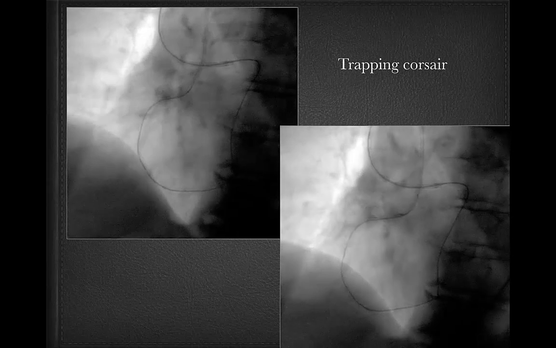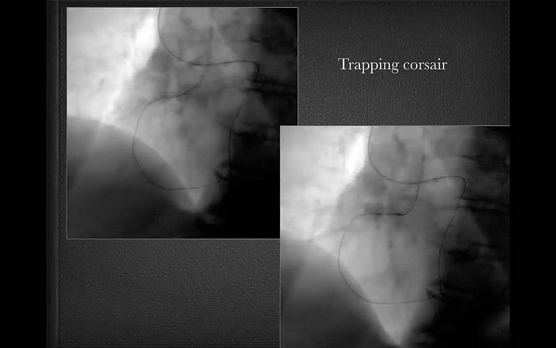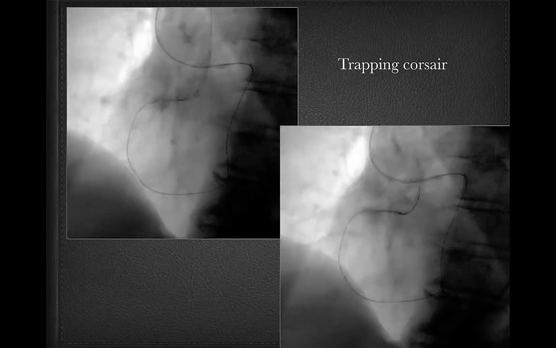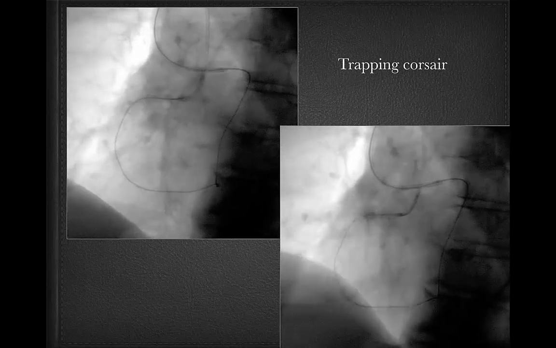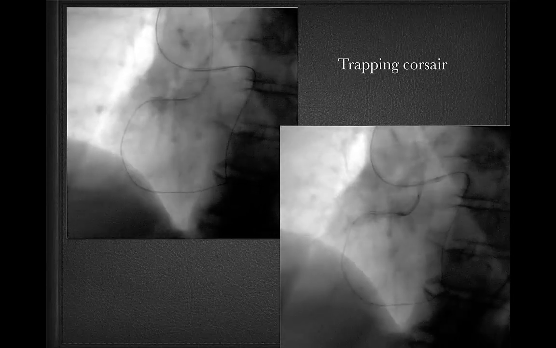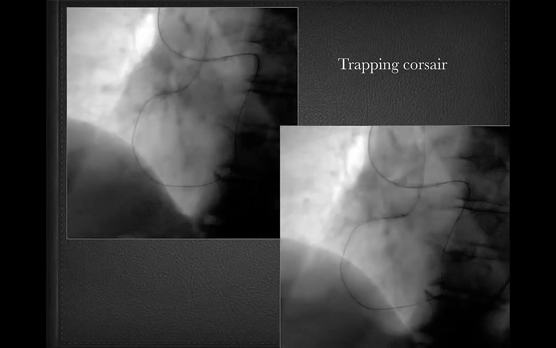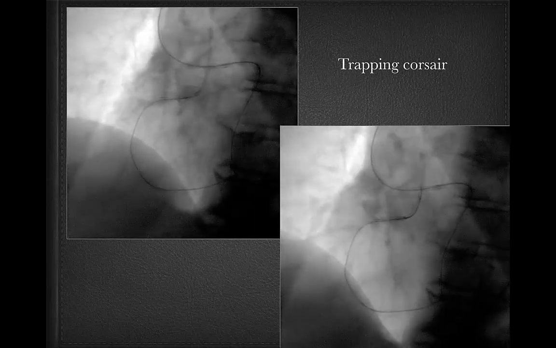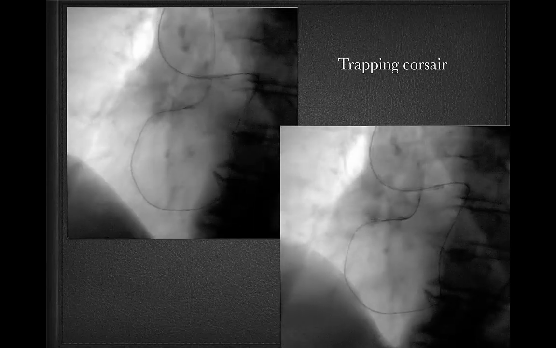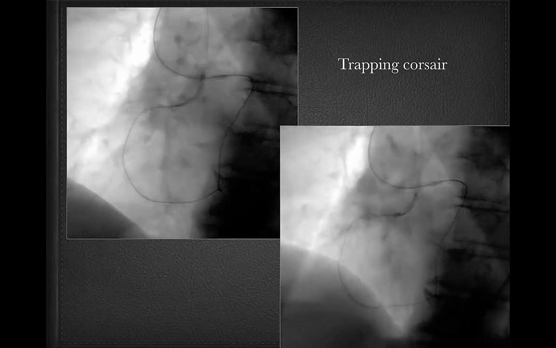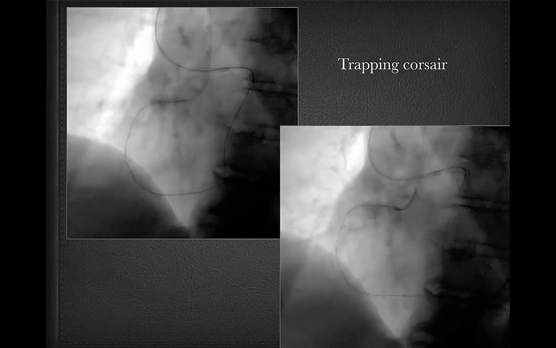And then inflate the balloon so it traps the tip of the Corsair inside my antegrade guiding catheter, and then exchange for RG3. And when the RG3 is coming, just deflate the balloon and let the RG3 go in the externalization way. That's a great point.